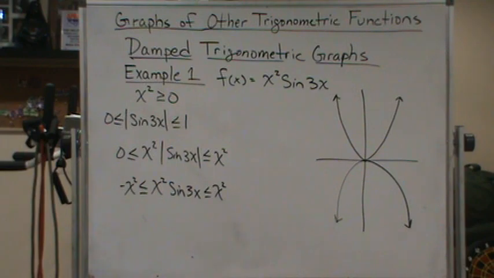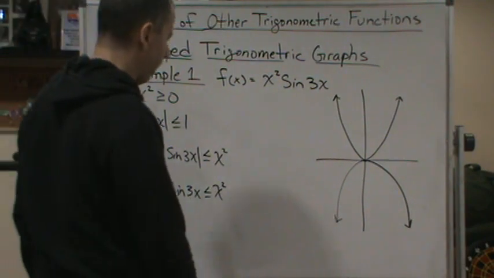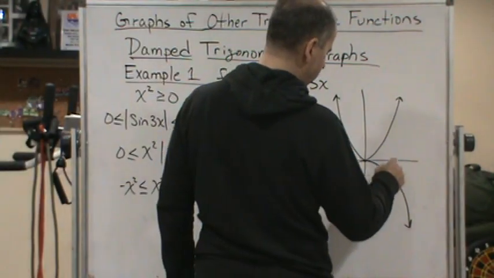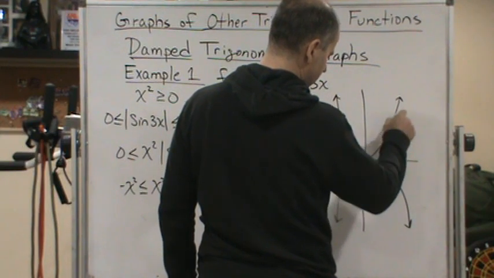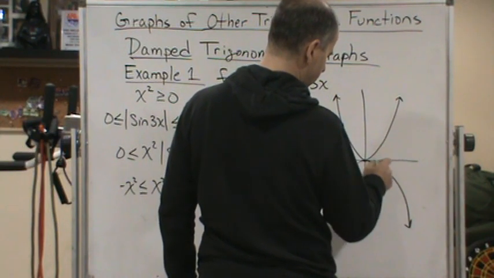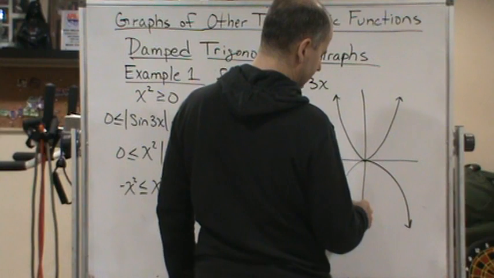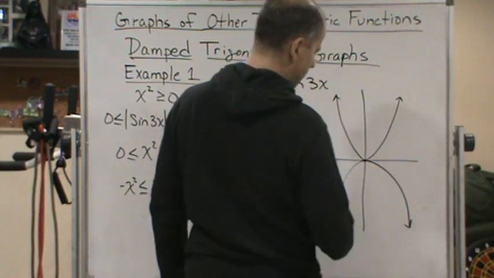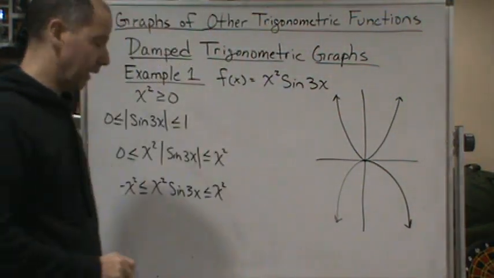So now, what else do we know? We know it's going to bounce, but when is it going to touch either this parabola or this one? When does it cross the x-axis, and when does it touch either parabola?